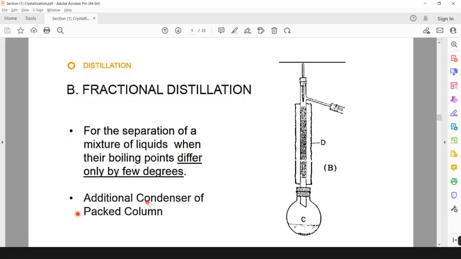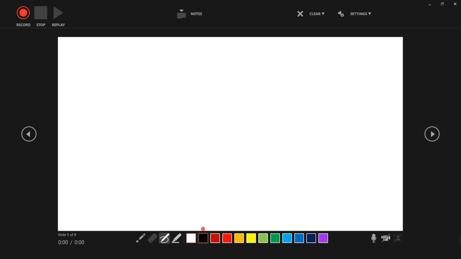What is the function of this packed column? I told you, if you have two liquids and the difference in boiling point is only a few degrees, like 300 and the other will be 305. If I'm using the simple distillation without the packed column and I reach 302 or 301 or 303, this liquid will be vaporized and converted into gas, strong gas.